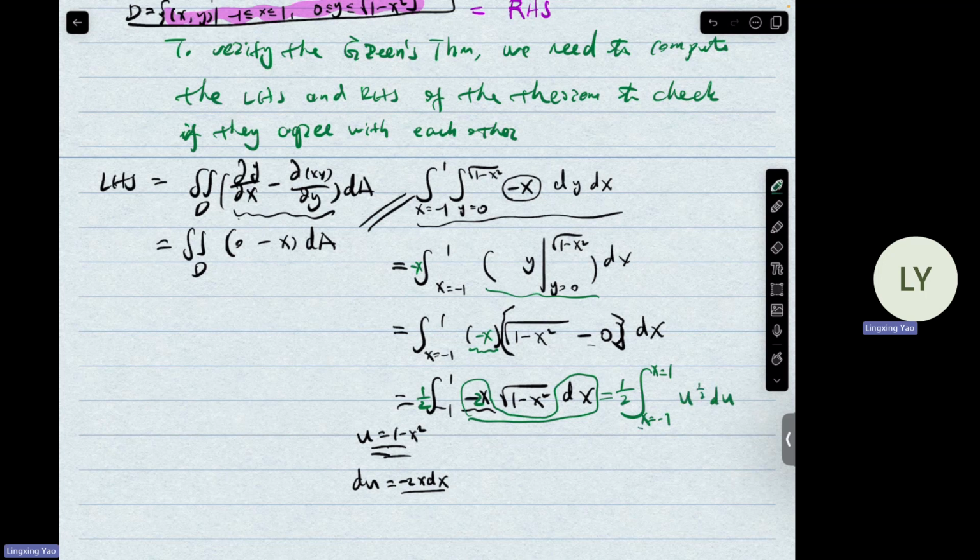Here we want to specify this is x, not u. So what do we have? The antiderivative of this is u to the power 1/2 plus 1, which is 3/2, divided by 3/2, sorry.